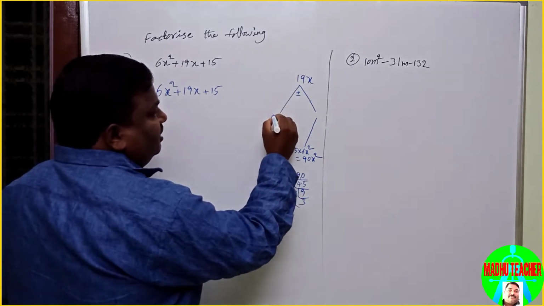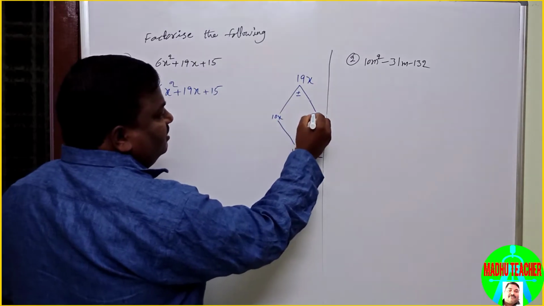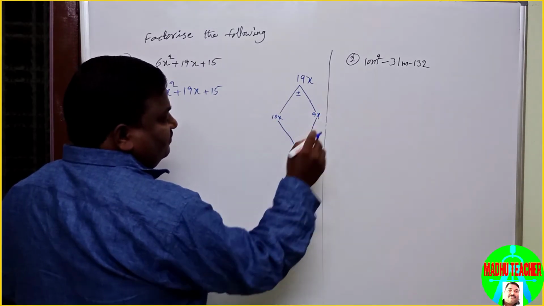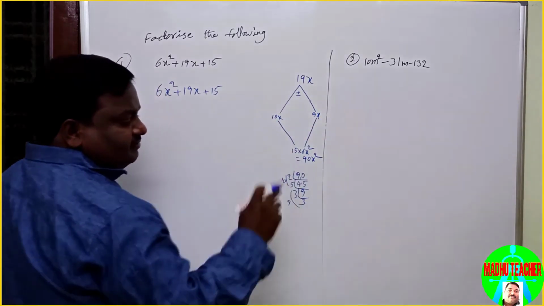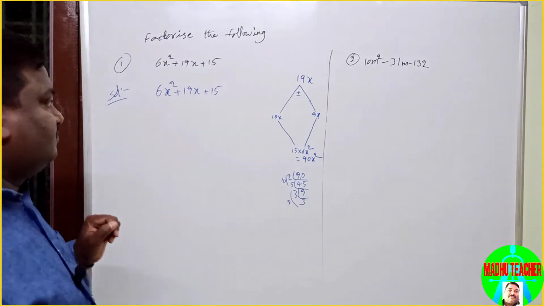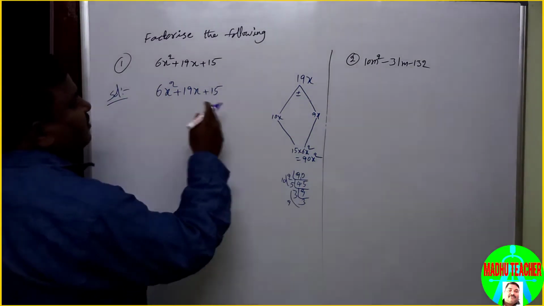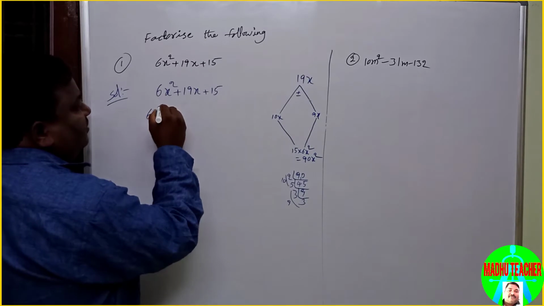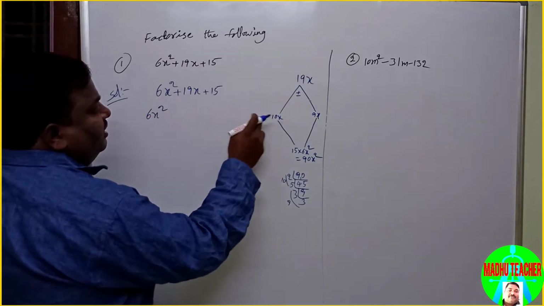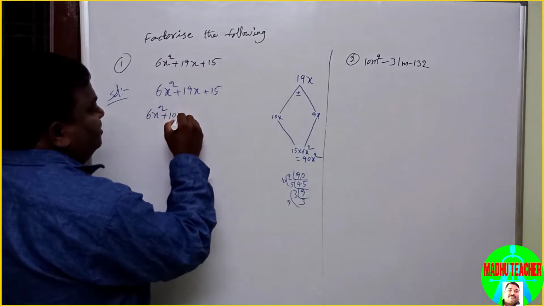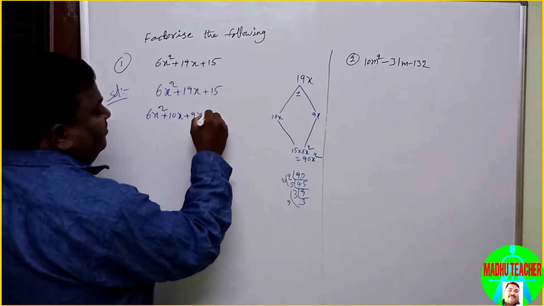Yes. So we can write it as 10x plus 9x. So here 6x square plus 19x we can write as 10x plus 9x plus 15.